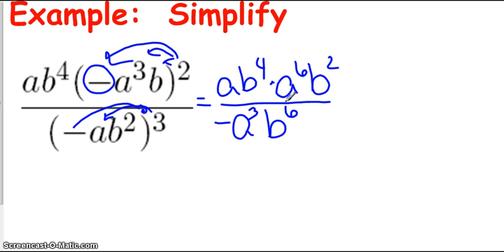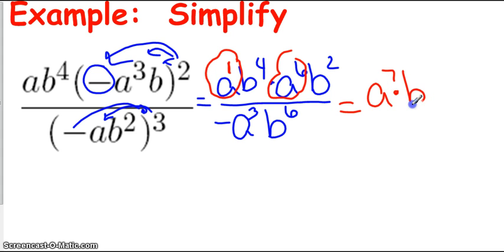Now in the numerator you have 2 a's and 2 b's, so you want to add the exponents for the same variable, same base. Don't forget that this is a to the 1st. So when you combine or add the a to the 1st and a to the 6th, you're going to get a to the 7th, b to the 6th over negative a cubed b to the 6th.